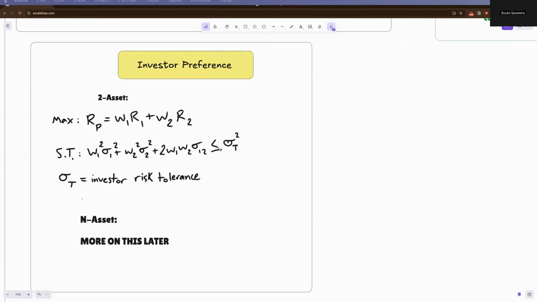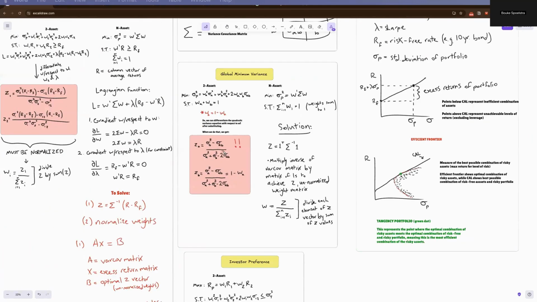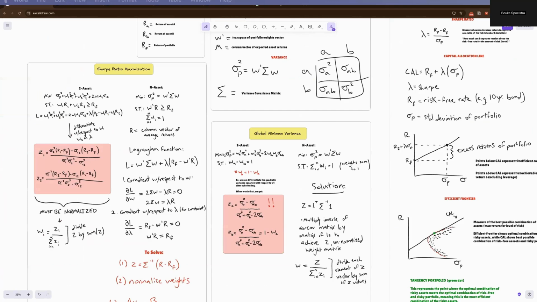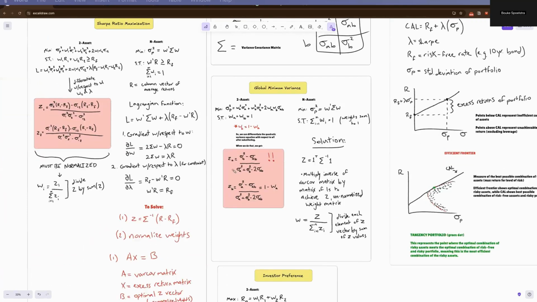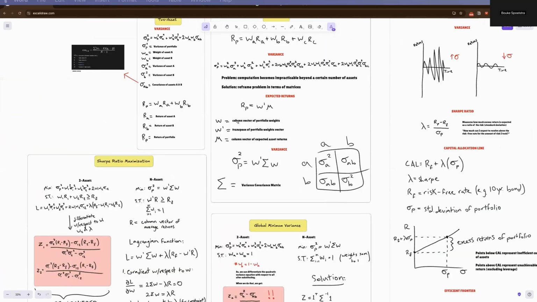So I think if anything, I might do a separate video on this one, but for now, we're mainly going to stick to the first two, which are global minimum variance and Sharpe ratio maximization for the 2-asset and n-asset portfolio. So I think that's all of the concepts that are necessary.